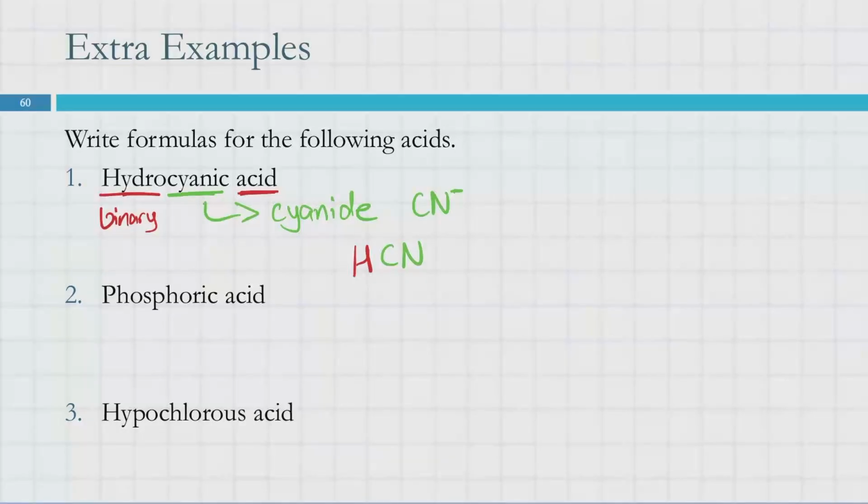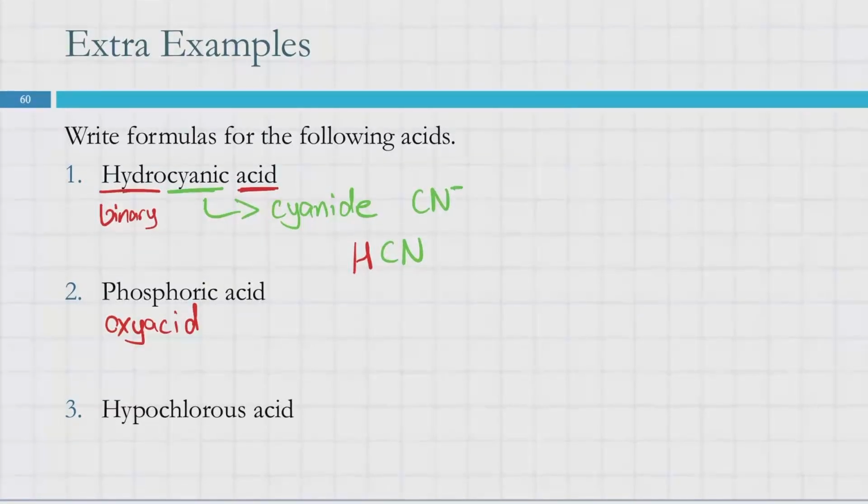And then we've got phosphoric acid, also an acid. What kind of acid do we have? It's an oxyacid. We don't have the hydro in front, which lets us know that it's an oxyacid. So we are looking for something with phosphorus in it for our oxyanion. PO4 3 minus is phosphate. So that's the first oxyanion that should come into our heads.